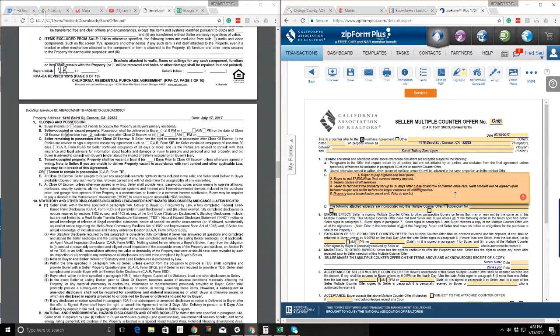Prior to the buyer removing all contingencies, they must apply with the solar company to take over the lease.